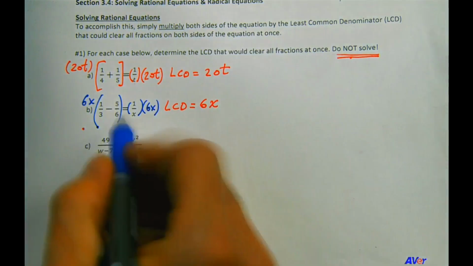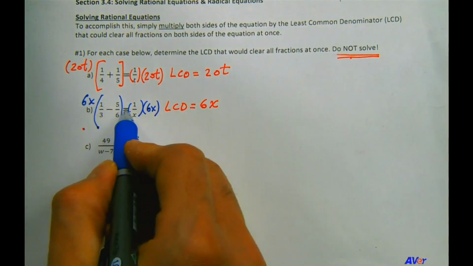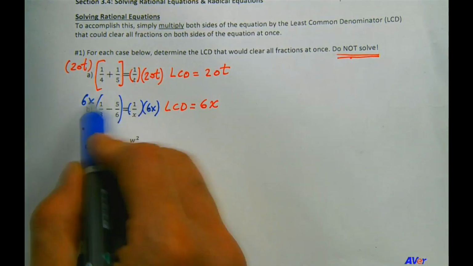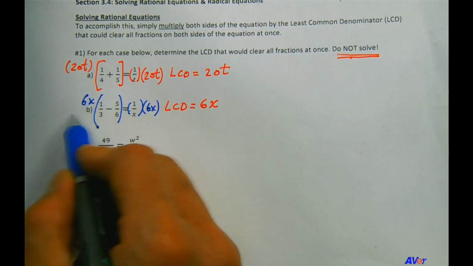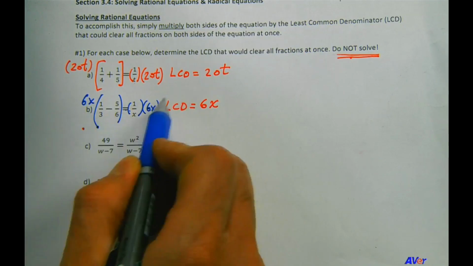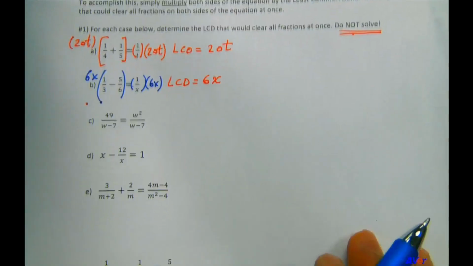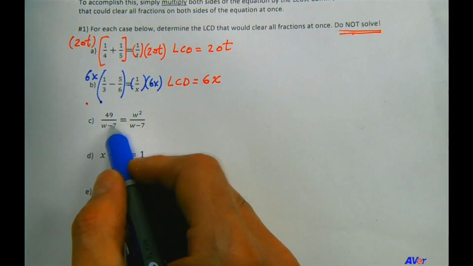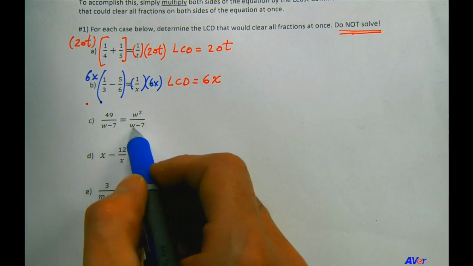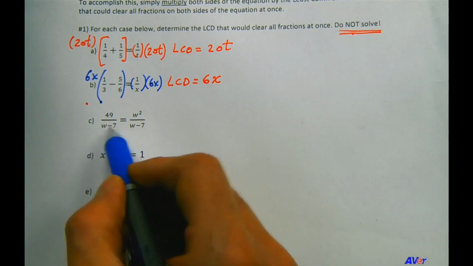You see that? Both sides of the equality must be multiplied by a single term to clear all fractions on both sides, not different things. Next, what LCD would clear both fractions at once?